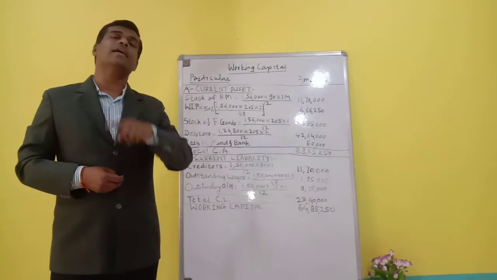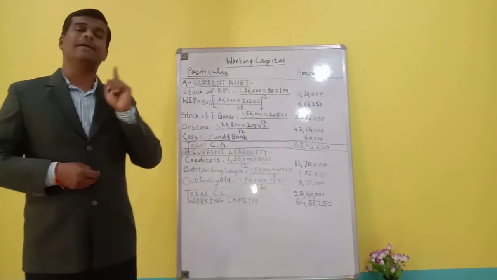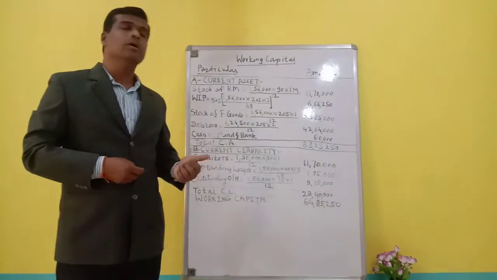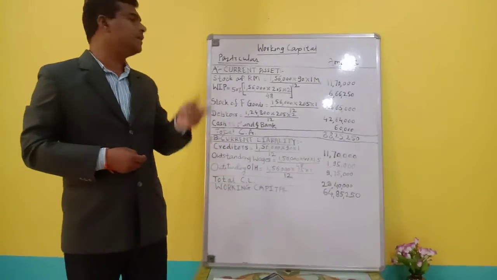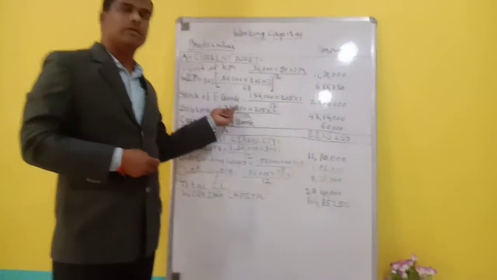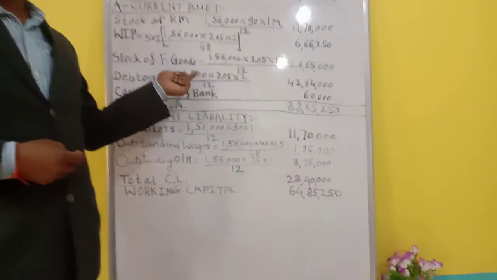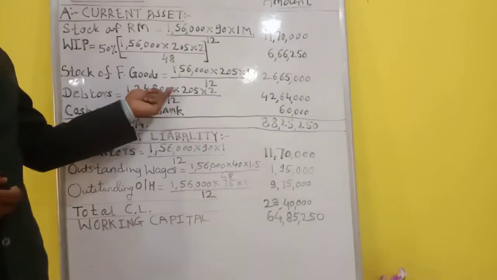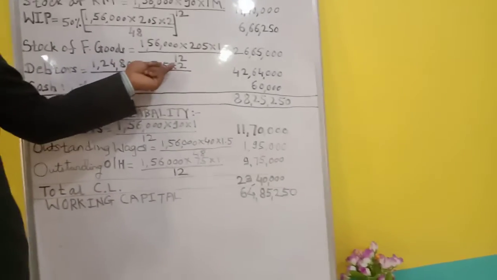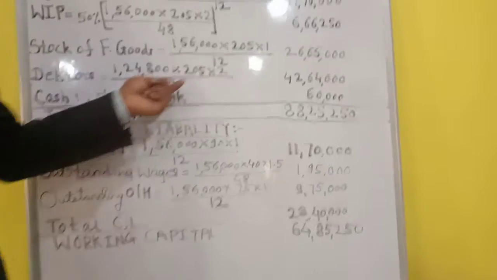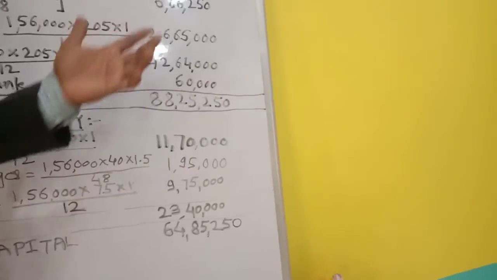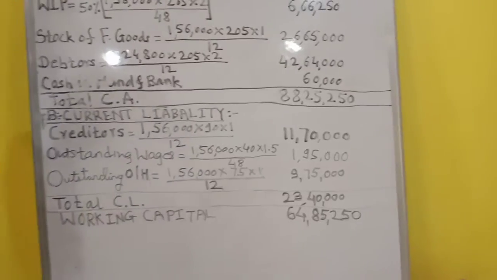So debtors are not 1,56,000, but 80% of 1,56,000, which comes to 1,24,800, and that is why I have taken this figure. So the calculation goes debtors 1,24,800 multiplied by 205 multiplied by 2 months divided by 12 months. So the amount goes as 42,64,000. Then we will see the next element.